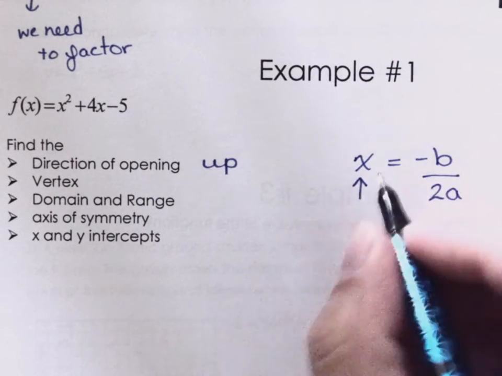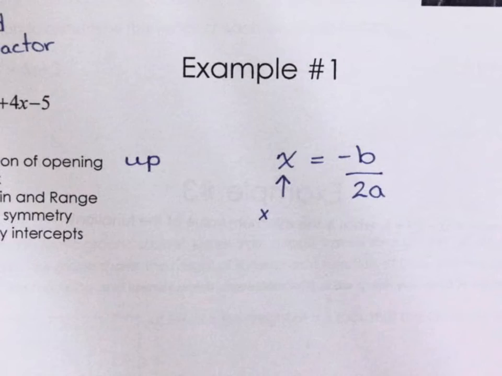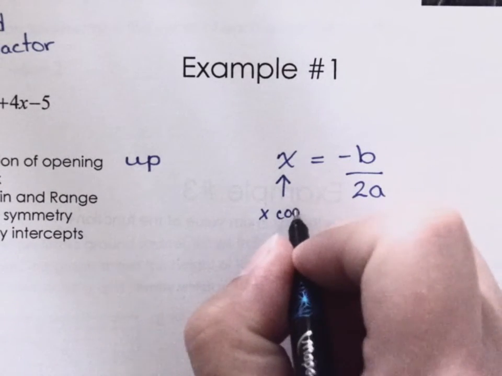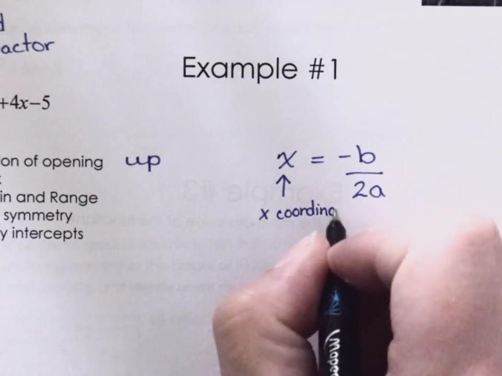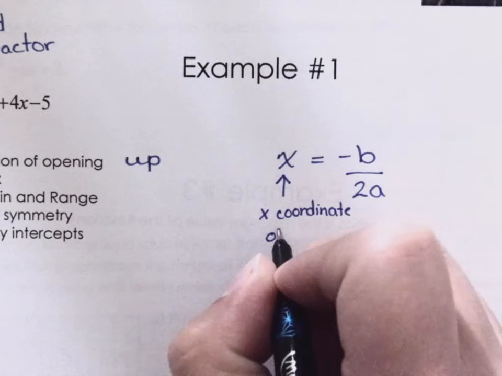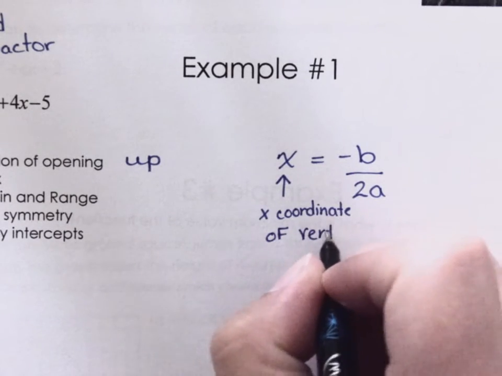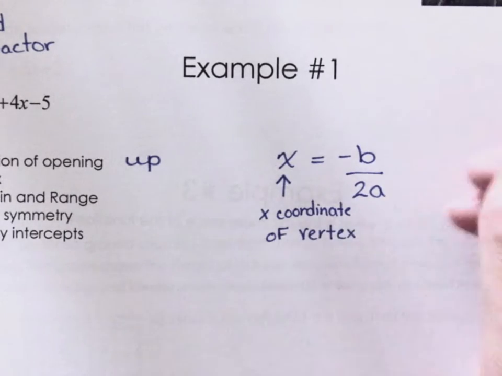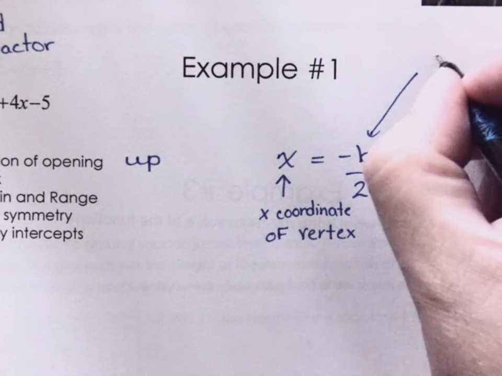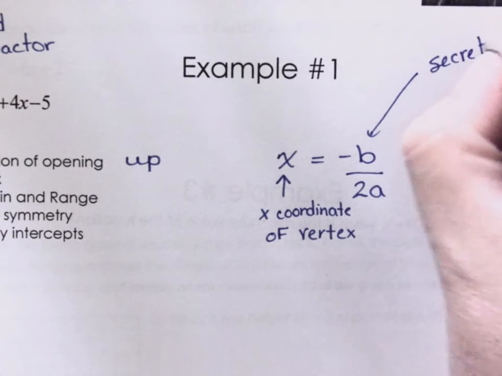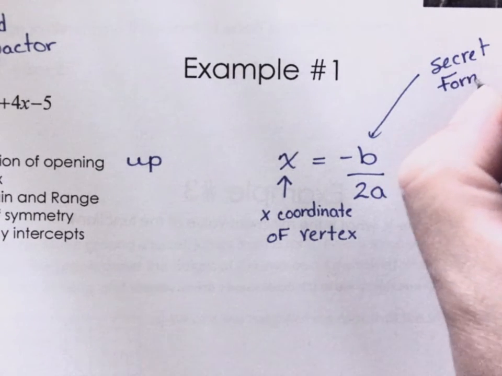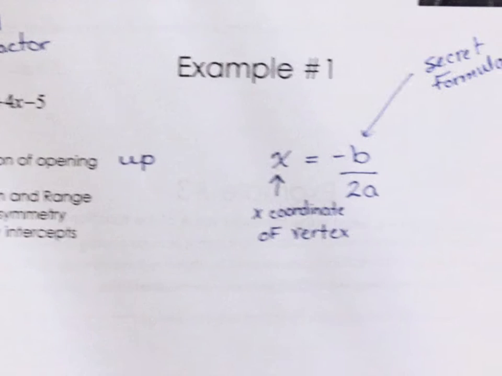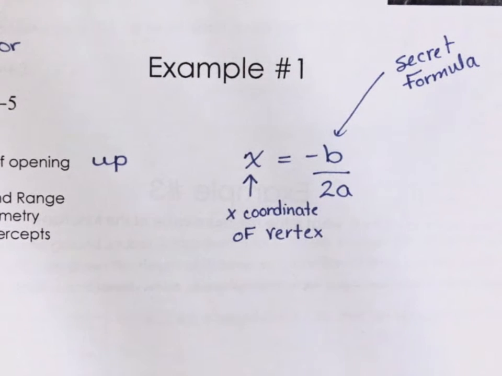And so that gives you the x-coordinate of the vertex. So that's my secret formula, and we only use the secret formula when we're in standard form.